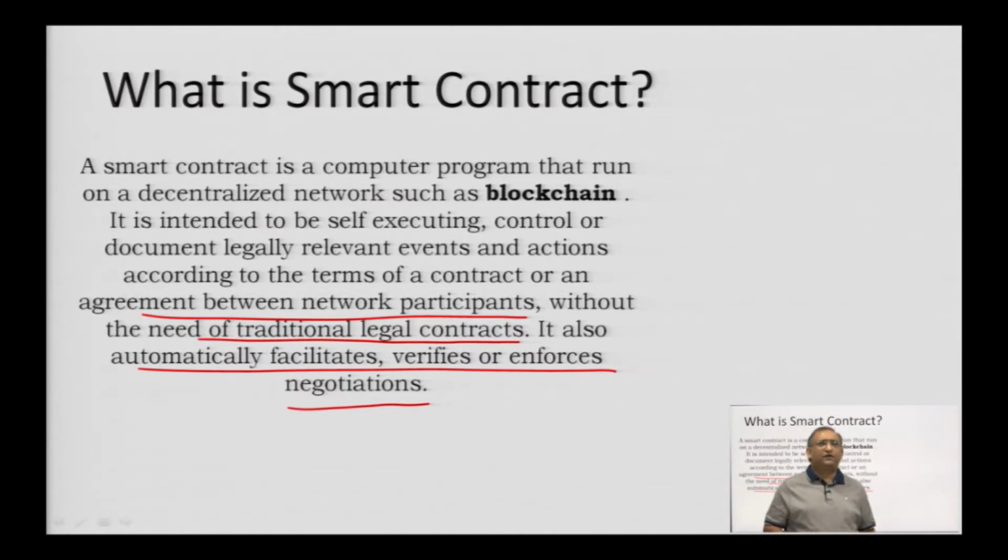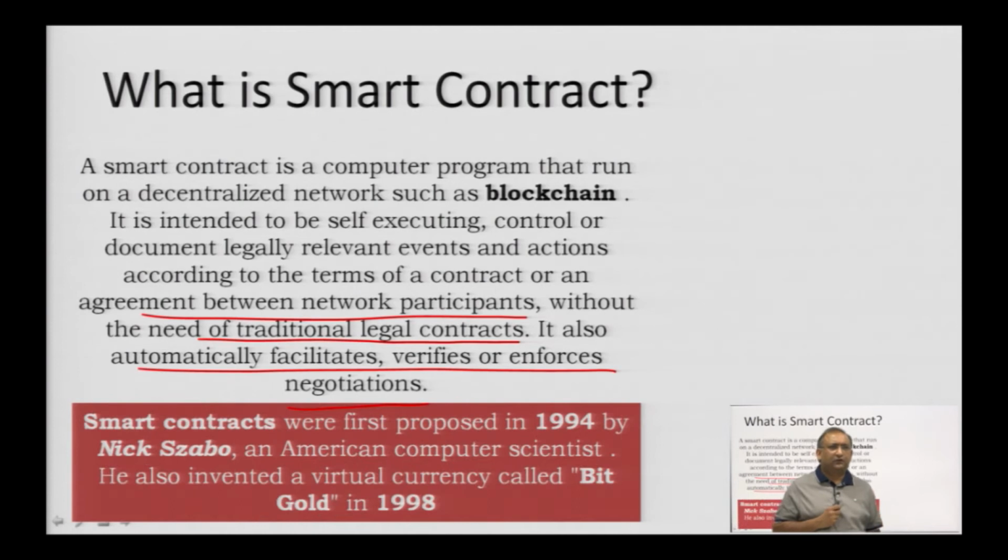That is how we call it a smart contract. Just for your information, the smart contract was first proposed by Nick Szabo in 1994. He is an American computer scientist. He also invented a virtual currency called BitGold in 1998. Make sense?